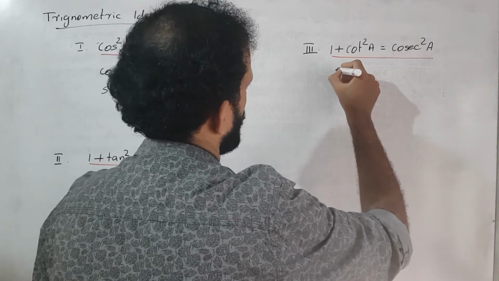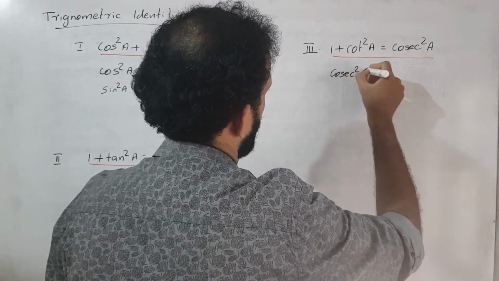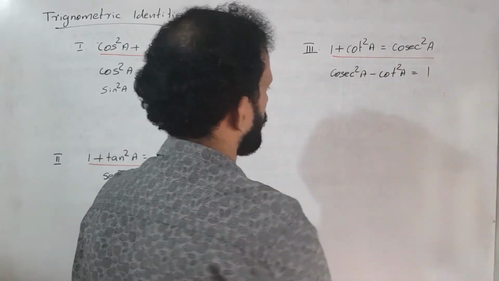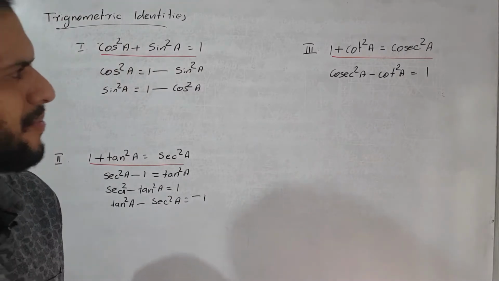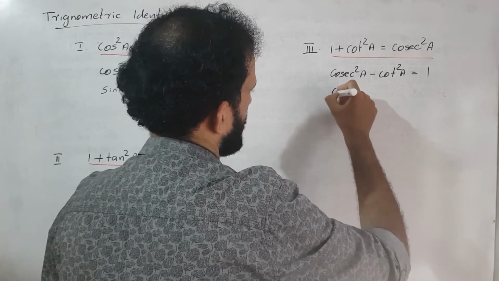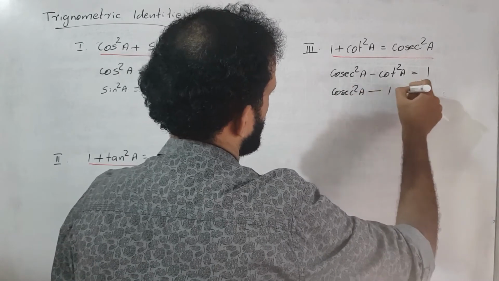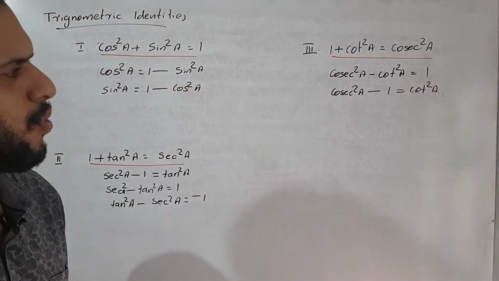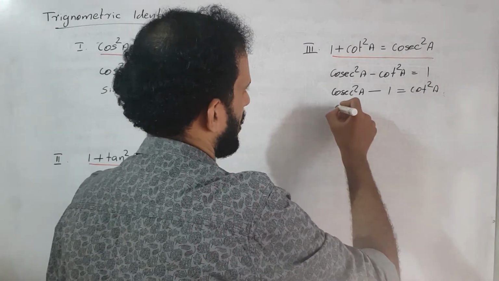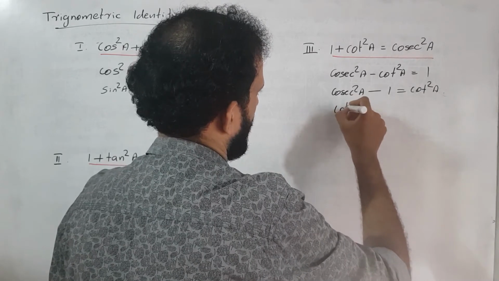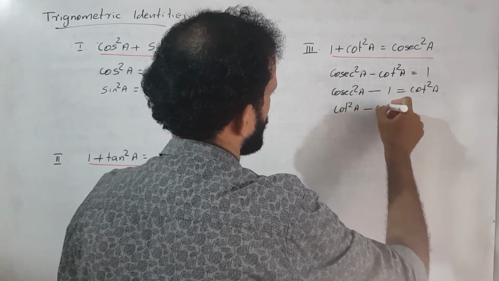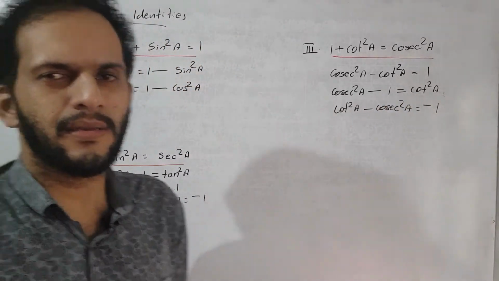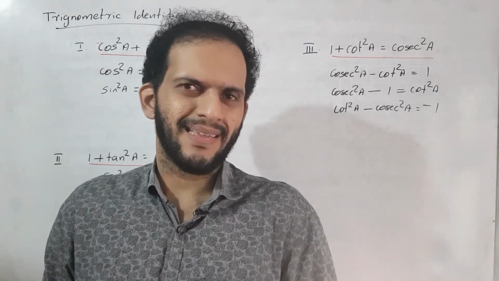Cosec square A minus cot square A is equal to 1, and cosec square A minus 1 is equal to cot square A. One more we get: cot square A minus cosec square A is equal to minus 1. These are the results we get from the first, second and third identities.